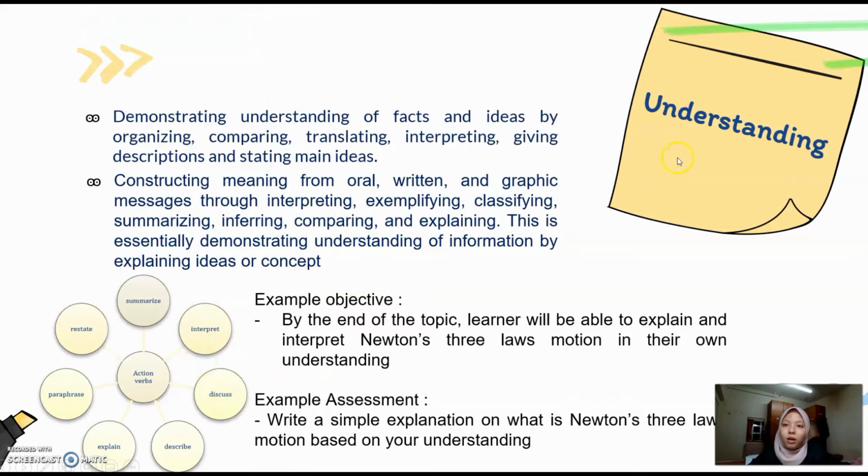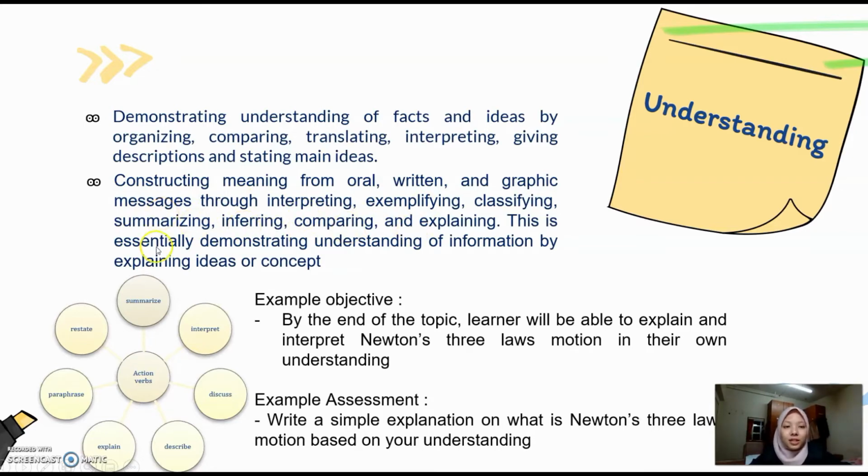The second level of the revised Bloom's taxonomy is understanding. Understanding is demonstrating understanding of facts and ideas by organizing, comparing, illustrating, interpreting, giving descriptions, and stating main ideas. It is constructing meaning from oral, written, and graphic messages through interpreting, exemplifying, classifying, summarizing, inferring, comparing, and explaining.